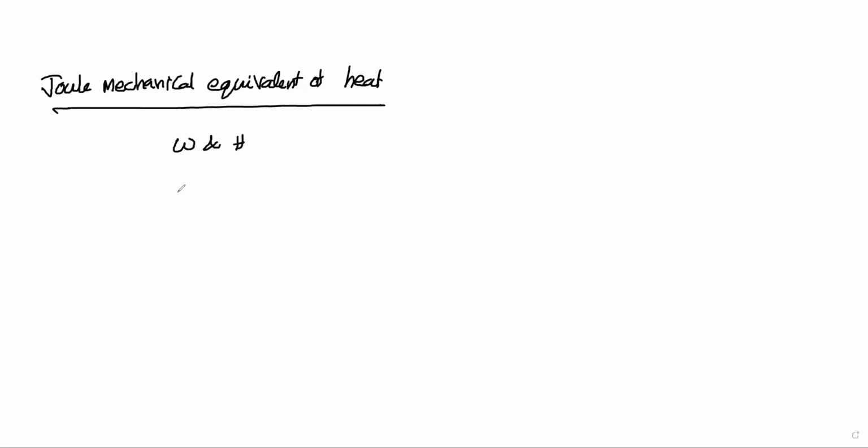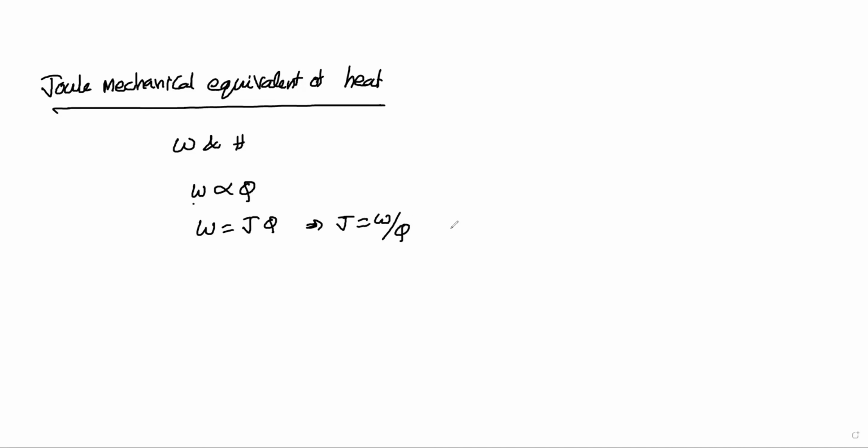He showed that whenever an amount of work done W is given to your object, it will increase the heat, which means how much work you do, that much heat energy will be produced. W is directly proportional to Q. So W is equal to J into Q, which implies J is equal to W by Q.